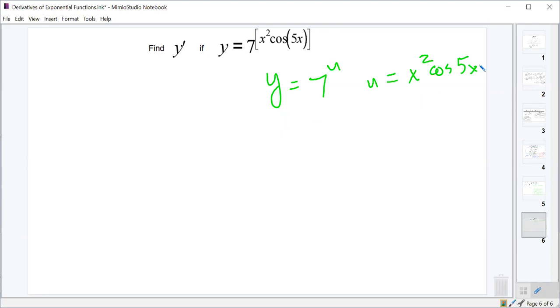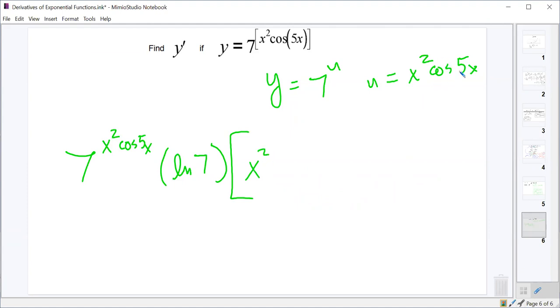Yeah. And what's the derivative of 7 to the u? It's 7 to the u times the natural log of 7 times the derivative of x squared cosine 5x. And that one will have to use what rule? Product rule. So x squared and then the derivative of cosine 5x. Well, the derivative of cosine 5x, that's cosine v, let's say, with v equal to 5x.